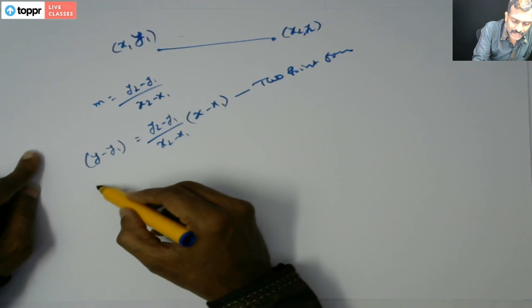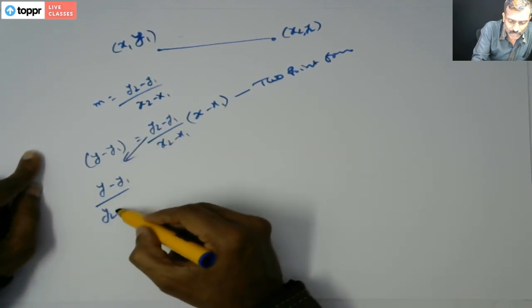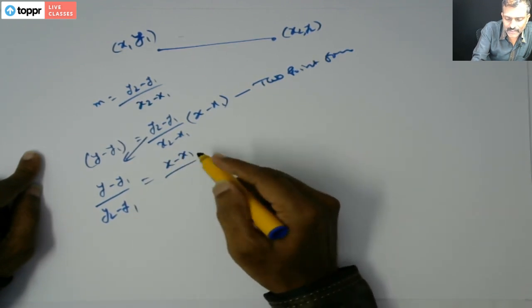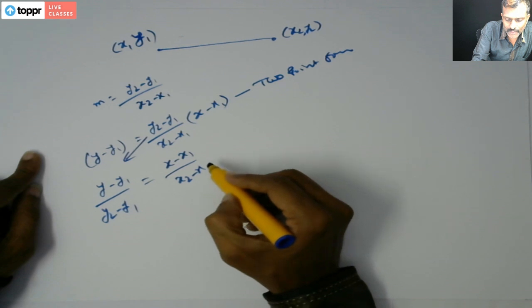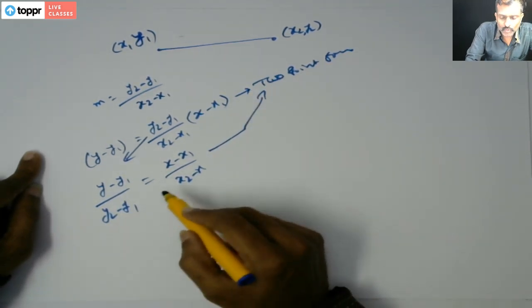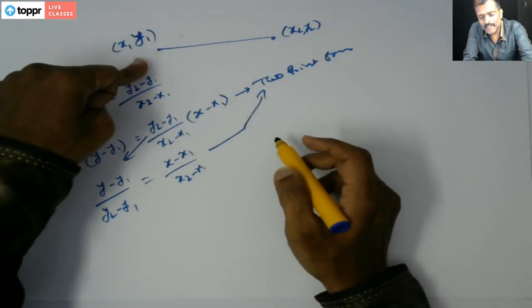You can also write this as, if you cross multiply, y minus y1 by y2 minus y1 equals x minus x1 by x2 minus x1. This is also one of the 2-point formulas of the straight line when x1 y1 and x2 y2 are given.